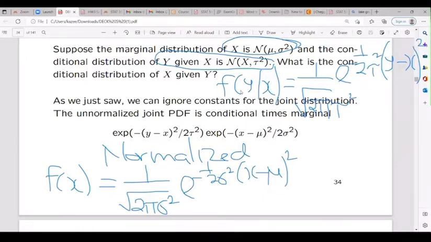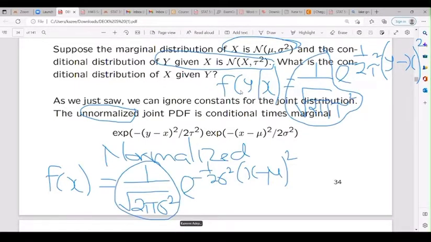But when I say unnormalized, I'm not going to reckon with this part here. I'm only going to reckon with the exponential. I'm not going to reckon with this constant; that part is acting like a C, a constant. I only want to reckon with the exponential side. Now take a look at it.